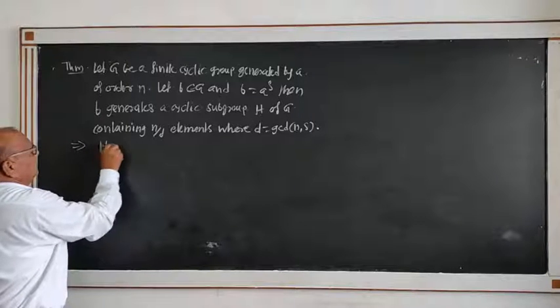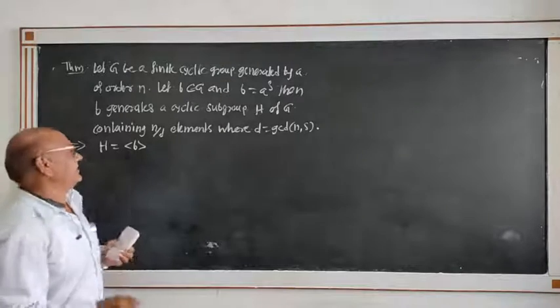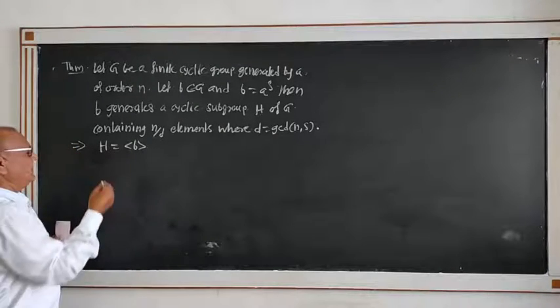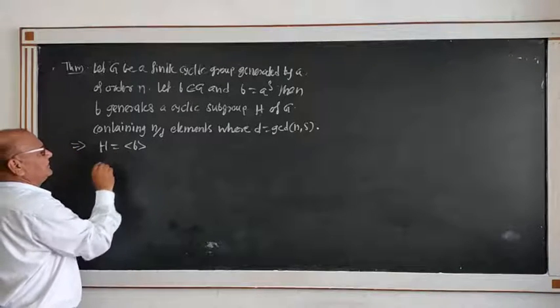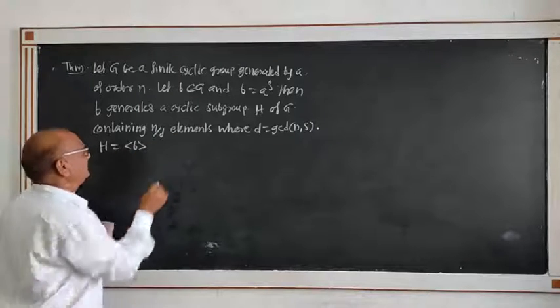Here H is a cyclic subgroup generated by B.